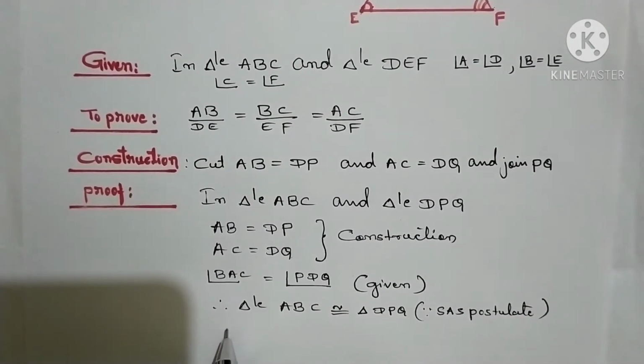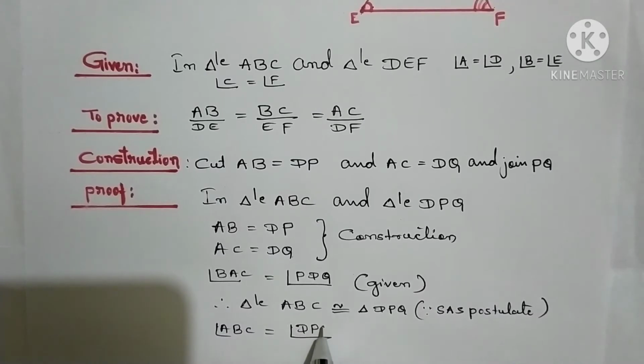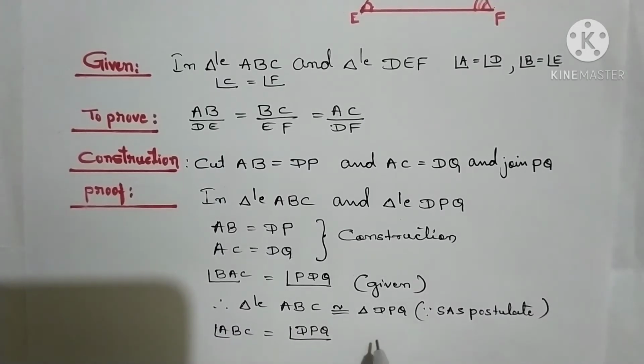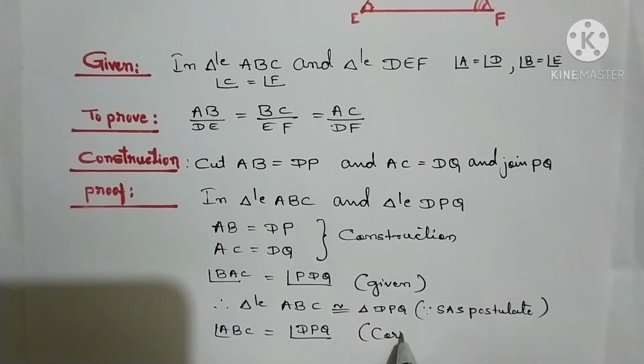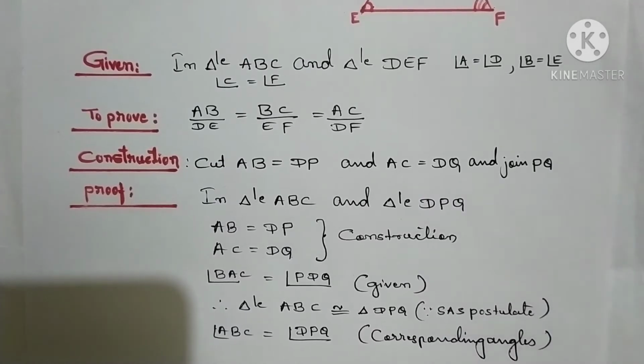Angle ABC is equal to angle DPQ. These are corresponding angles.